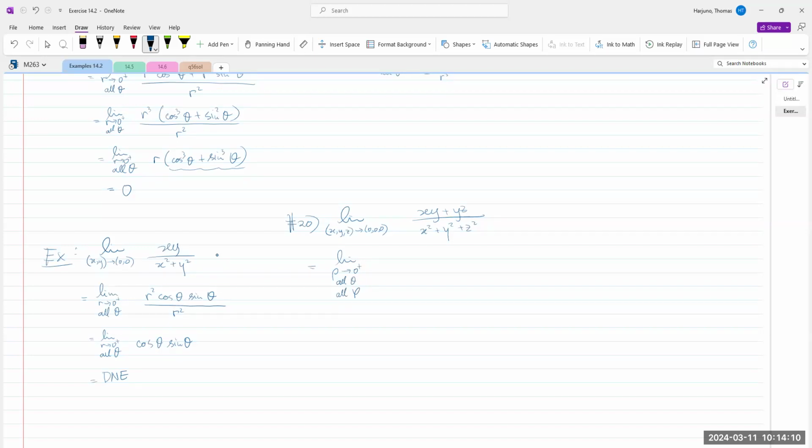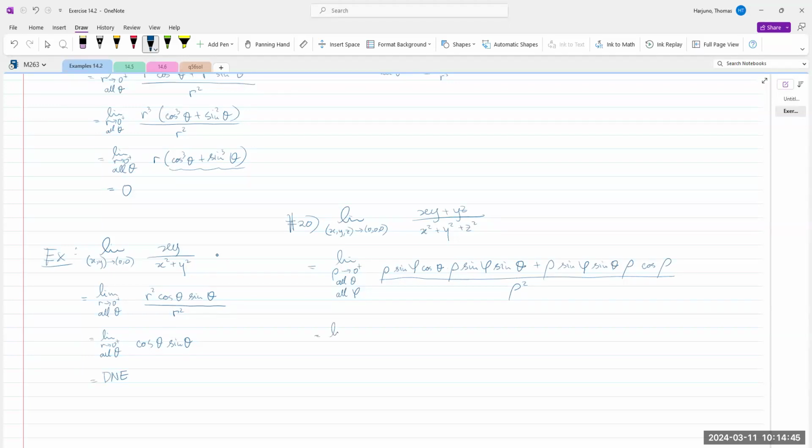Now the x becomes rho sine phi cosine theta, times rho sine phi sine theta for y, plus rho sine phi sine theta times rho cosine phi, over rho squared.